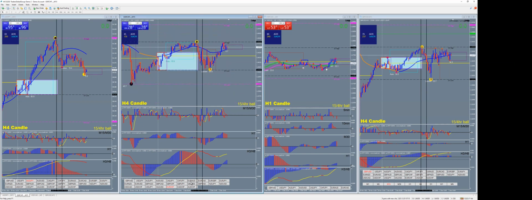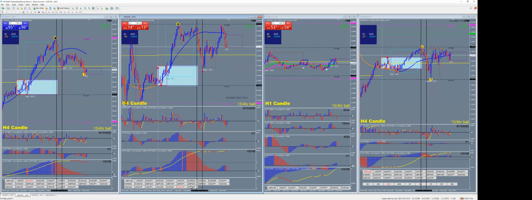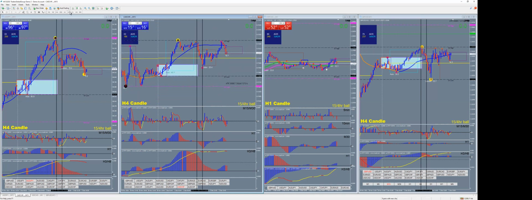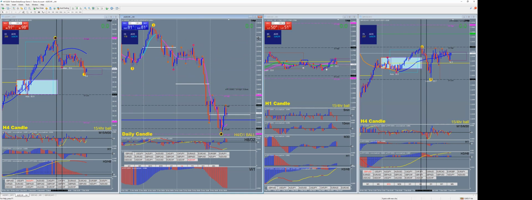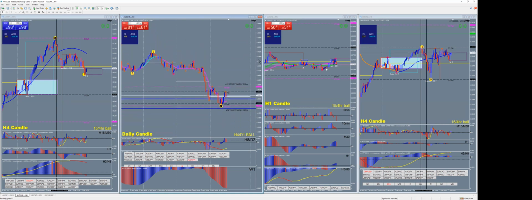But okay, everything's not in great alignment as far as the long term. Everything's going to be short term. Yeah, D2 and H8 are not, for most of the pairs. Neither H8 nor D2 were aligned. So it's going to be short-term in-session trades.